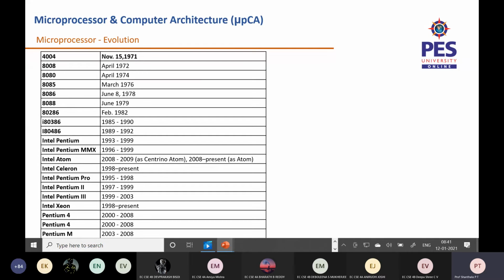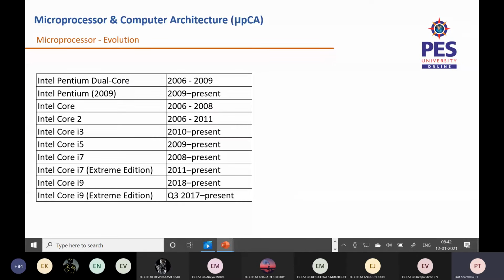So you would have seen here it starts from 1971 to 2017, and it continues, with the extreme edition of Intel Core i7 and i9.